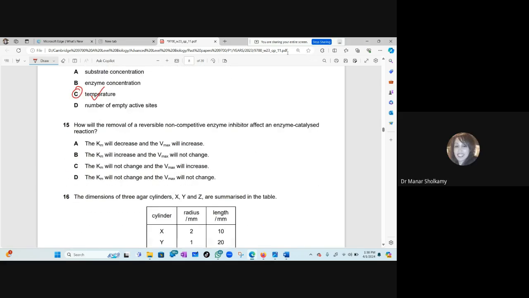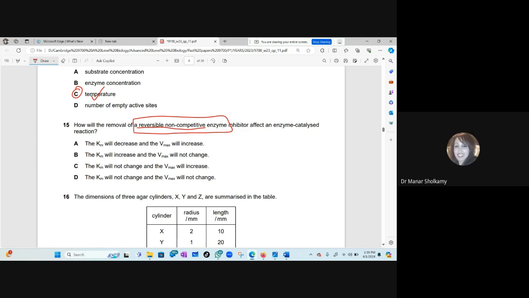If anyone has any questions, stop me. How will the removal of a reversible, non-competitive enzyme inhibitor affect an enzyme catalyzed reaction? Now we need to remember together. The non-competitive inhibitor binds with the active site or an alternative site? Alternative site. Correct.